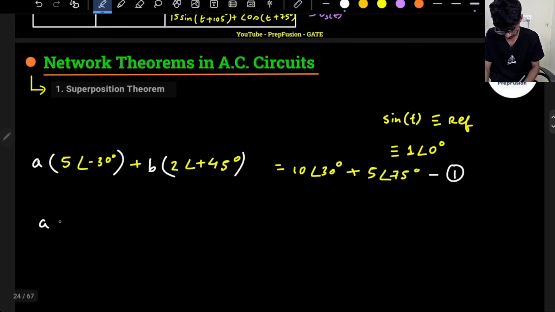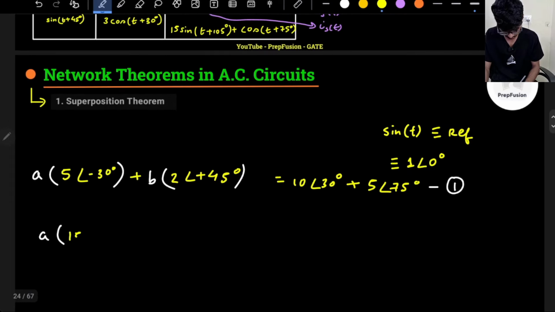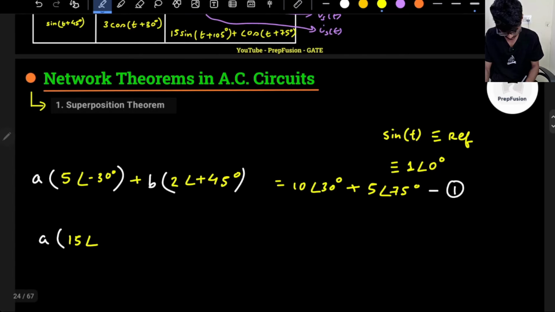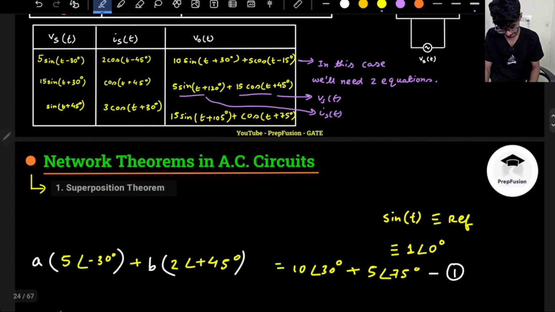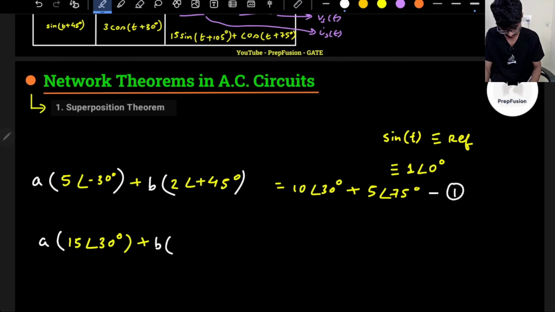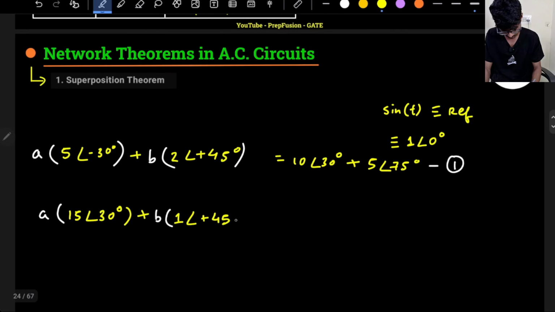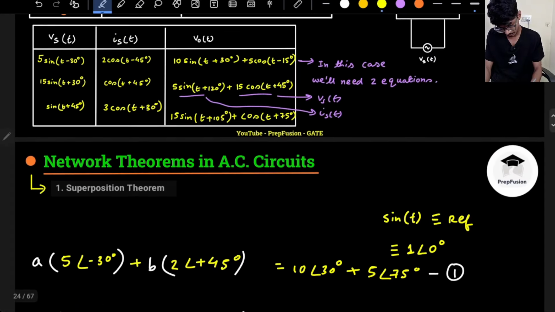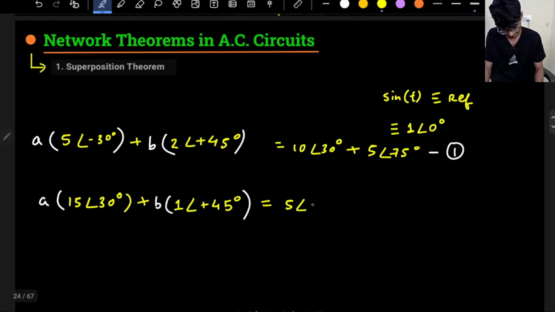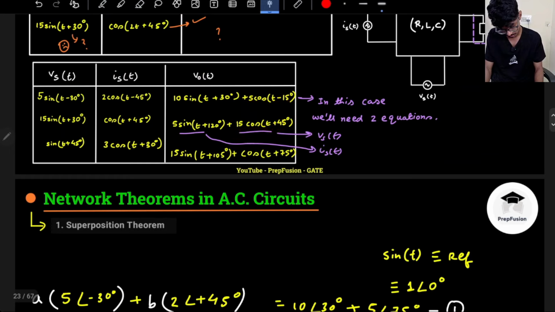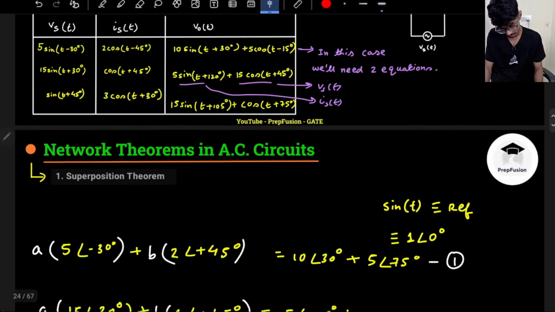So this will be A times 15 angle 30, plus B times 1 angle plus 45, equals 5 angle 120 and 15 angle, this is plus 90, right?